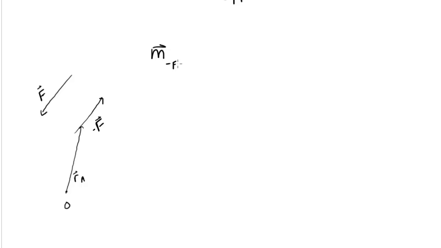And so we can calculate that the moment of the minus force is equal to RA cross that force, minus F. We can also draw a vector that points to the line of action of the other force, which I just missed, but it should point to that line. I'll call it RB.